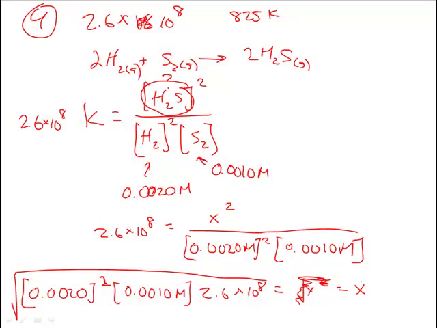So for this one, 0.0020 squared times 0.0010 times 2.6 E8, and it's a positive 8. And this gives you an x value of 1.04. I got 1.04, interesting. And that should be the concentration of x.